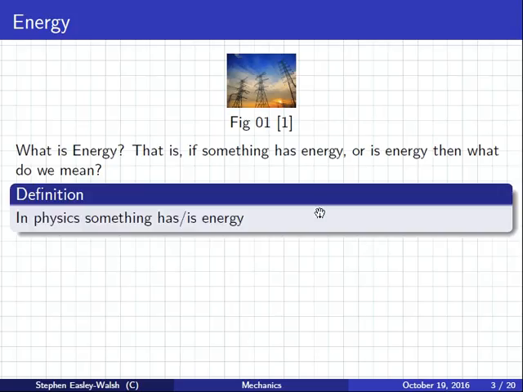There we go. In physics, something has energy if it has the ability to do work. This is the definition of energy. Write it down. Nobody gave it to me, so everyone should be writing it down perfectly. So, which part is the definition?